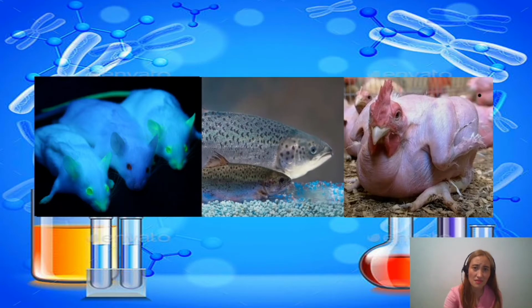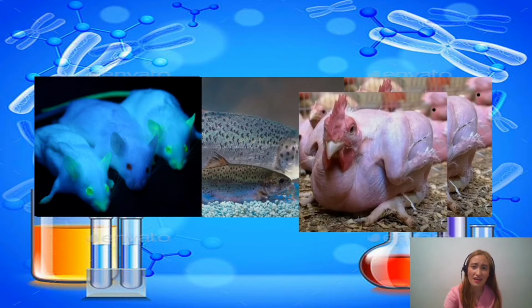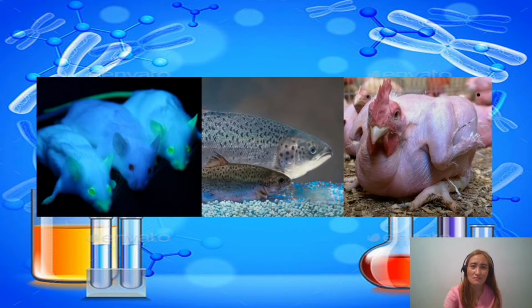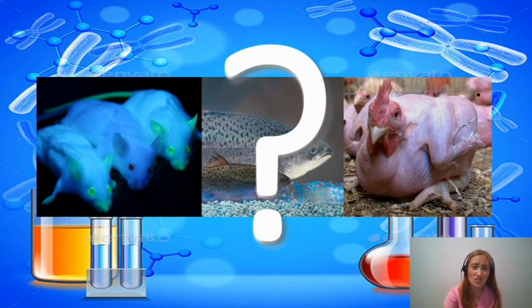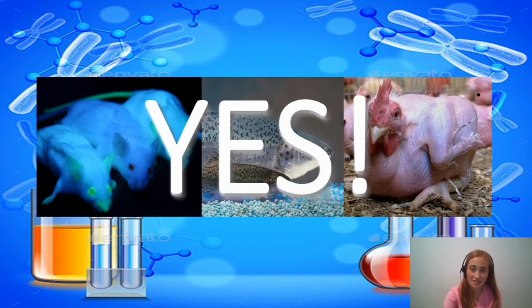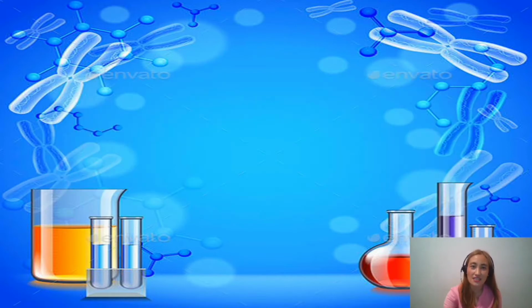Bigger salmon as compared to natural salmon. And a live hen with no feathers. But the question is, is this possible? The answer is yes, it is possible through genetic engineering.